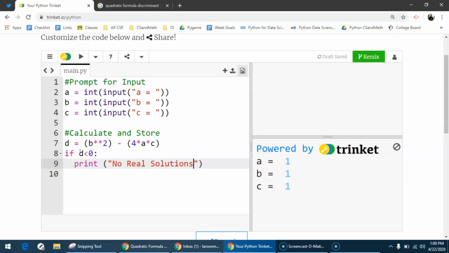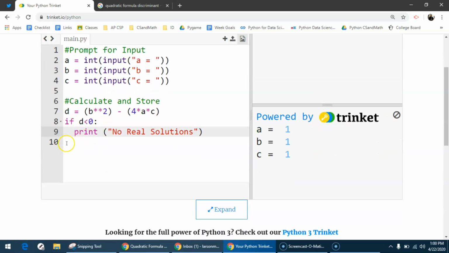We would have imaginary solutions. And maybe we'll see how much time we have at the end. There's easily a way you could add an i in there and make them come out if you wanted to include imaginary numbers. I wasn't really going to cover that today, but you certainly could. So if that condition is met, then print that out.